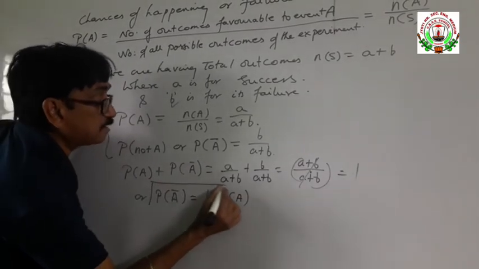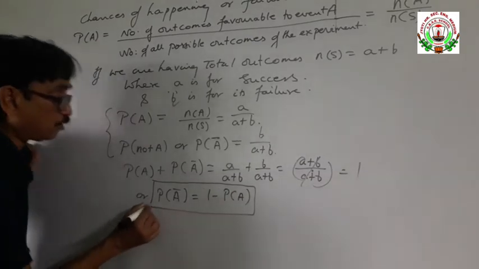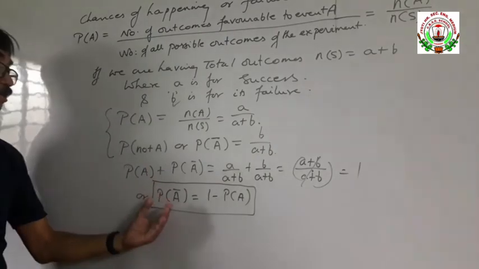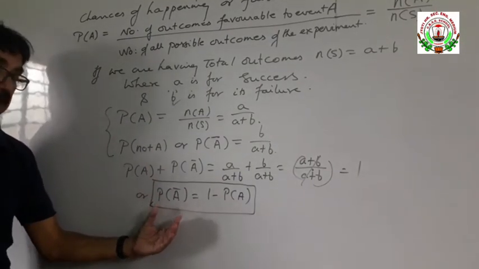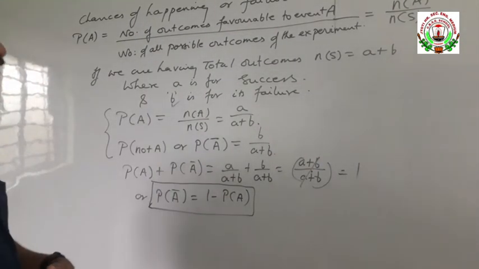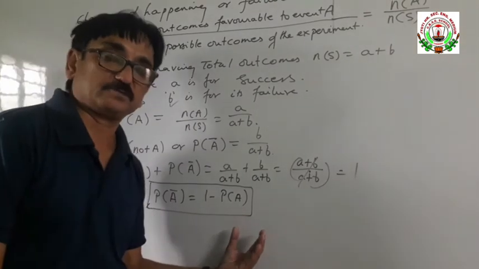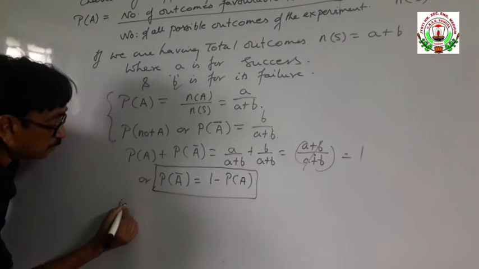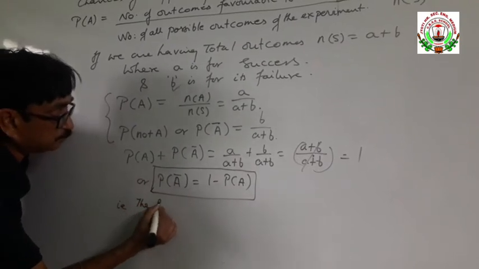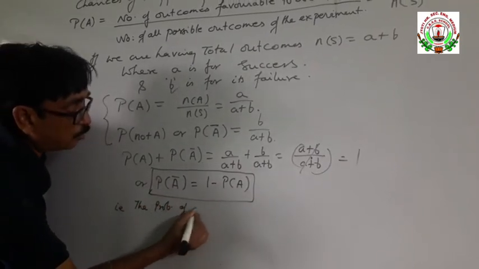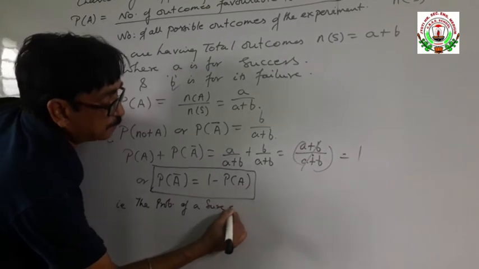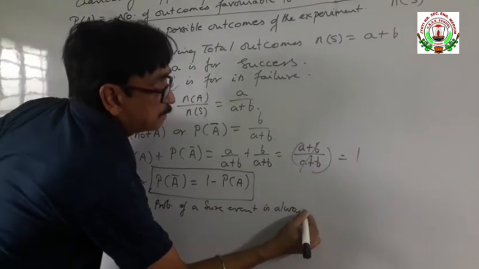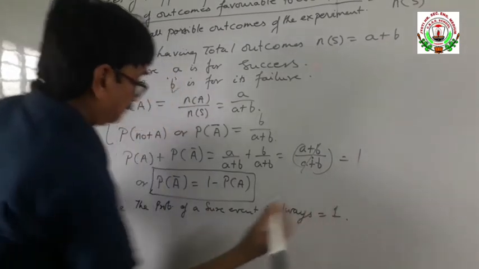It means that if we know the probability of its success, then we can find out the probability of its failure, and if we know the probability of the failure, we can find out the probability of its success. Now just note it: the probability of a sure event is always equal to 1.